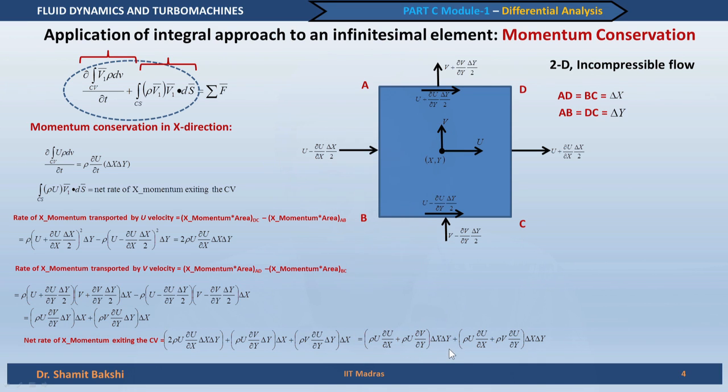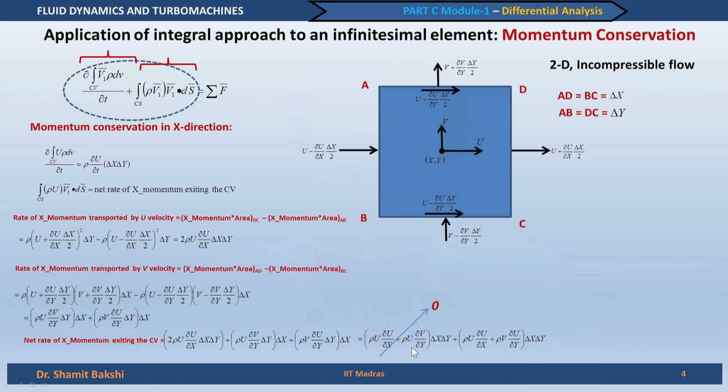Now, if we observe carefully, we will see there is a reason for writing it in this form. If you take rho u out of this expression, what you get is del u by del x plus del v by del y, and that is essentially our continuity equation, and you can directly remove this from here, because we have taken this flow as a 2D and incompressible flow, and for a 2D incompressible flow, del u by del x plus del v by del y is 0.